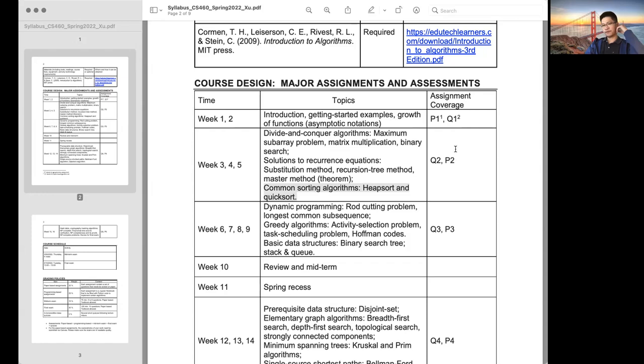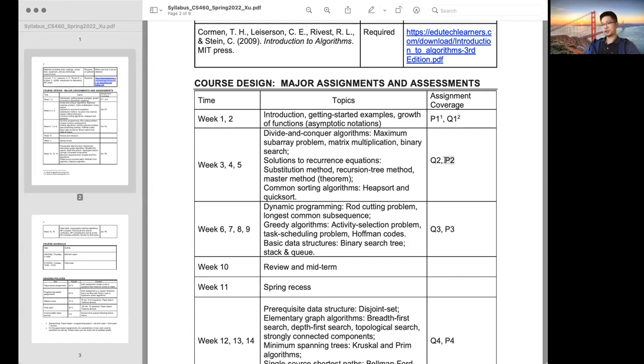For the programming assignments, it's likely that I will put a Google Drive link on Canvas, and in that folder, I will continuously update the contents.